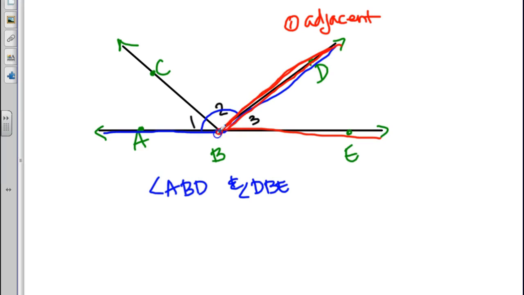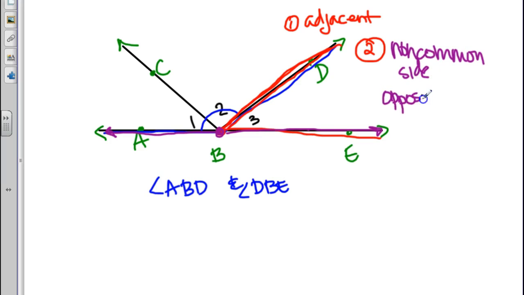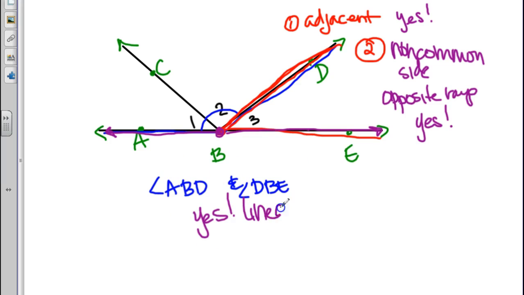There's the side that they share, and the common vertex is B. Number two, do the non-common sides form opposite rays, or are they opposite rays? The answer is yes, they are. So check out the non-common sides. Are they opposite rays? We said yes to number one, and we said yes to number two. Bam. Yes, these will form a linear pair.